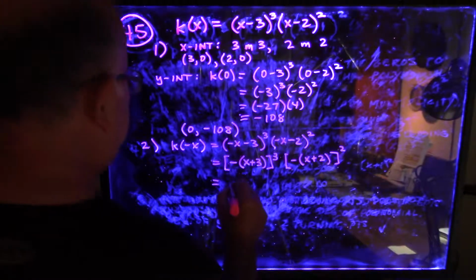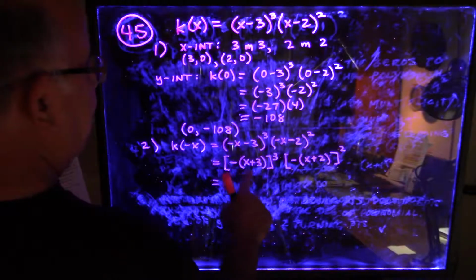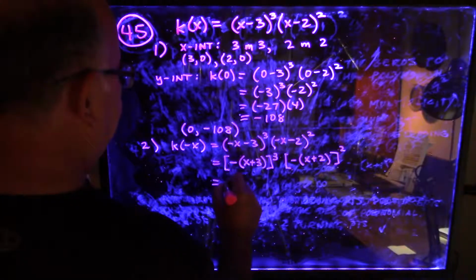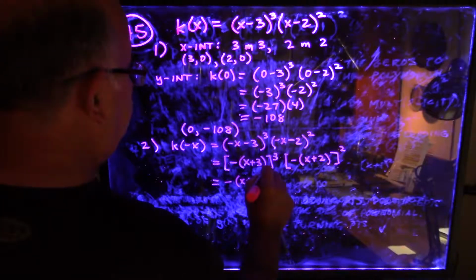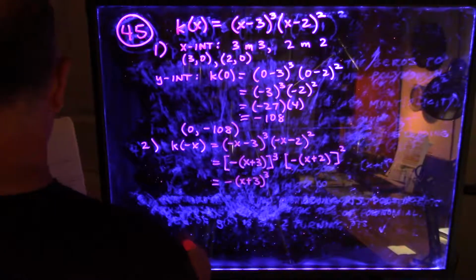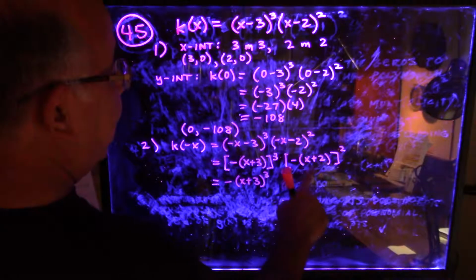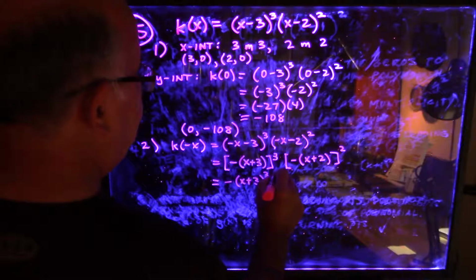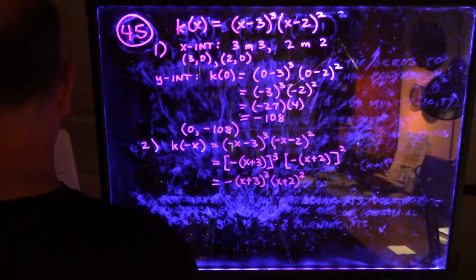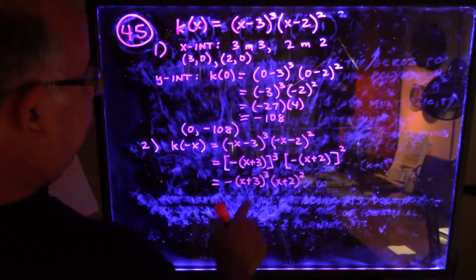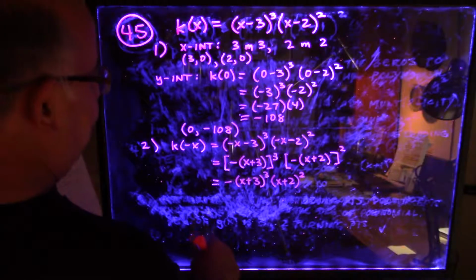So that equals negative 1 cubed times x plus 3 quantity cubed. Alright, negative 1 cubed is still negative 1, so you're just going to get this. And then negative 1 squared is 1, then you've got the x plus 2 quantity squared. Alright, however, that does not equal k of x, nor does it equal the negative of k of x.